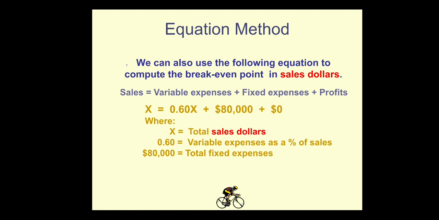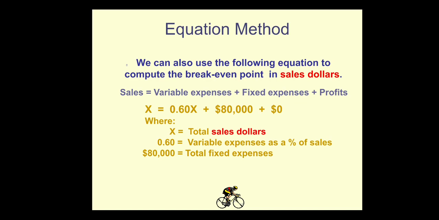Remember in the previous slide, you found that the business has to sell 400 bikes to achieve break-even point. That is break-even point in terms of quantity. So how about break-even point in terms of dollar? The faster calculation is you take the 400 bikes times the price of the bike.